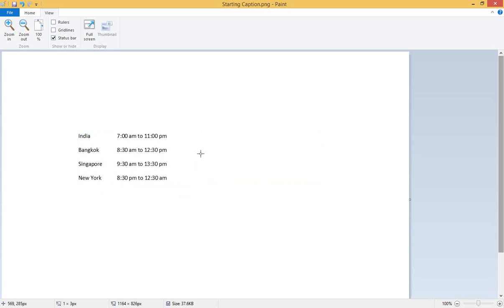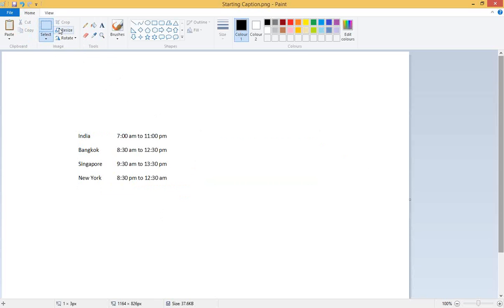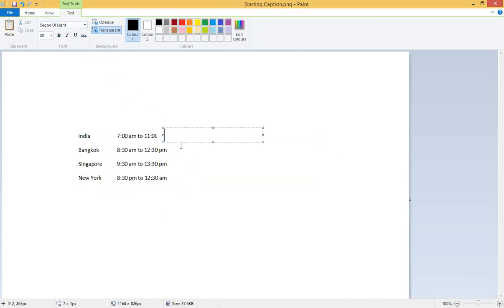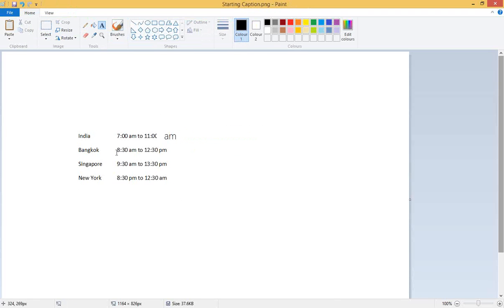In India it is 7 a.m. to 11 a.m. Sorry, it is not p.m., it is a.m. So it maps to 8:30 a.m. to 12:30 p.m. at Bangkok. Let me know if there is any difference, if I have misunderstood your timings.